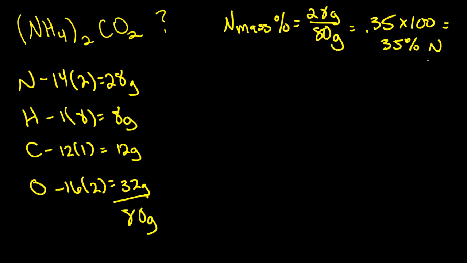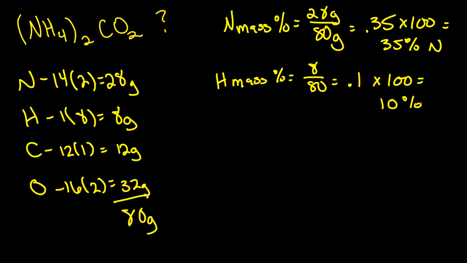Now we can do the next one. Hydrogen mass percent is the individual mass of 8 over the total mass of 80. 8 divided by 80 gives me 0.1 times 100 is 10% hydrogen.